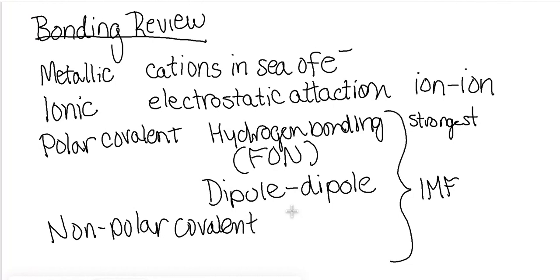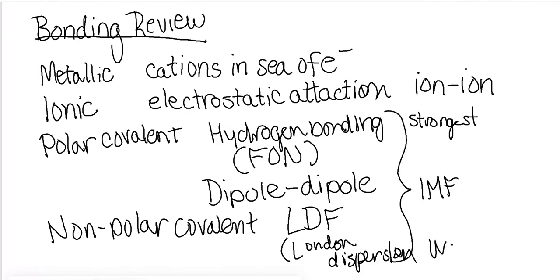These are held together by London dispersion forces, which can cause temporary dipoles. These are the weakest. Remember that if a molecule has hydrogen bonding, it also has London dispersion forces. If a molecule has dipole-dipole, it also has London dispersion forces.